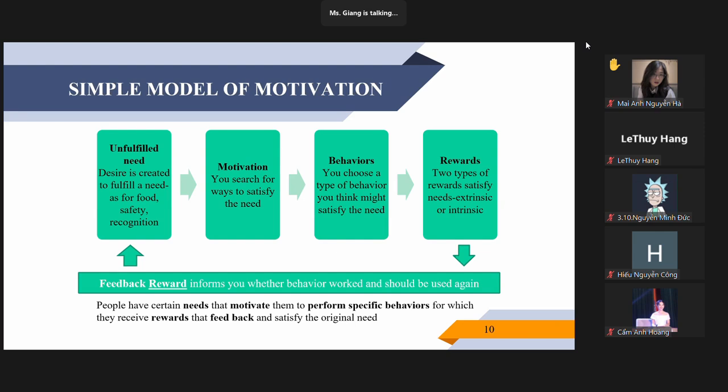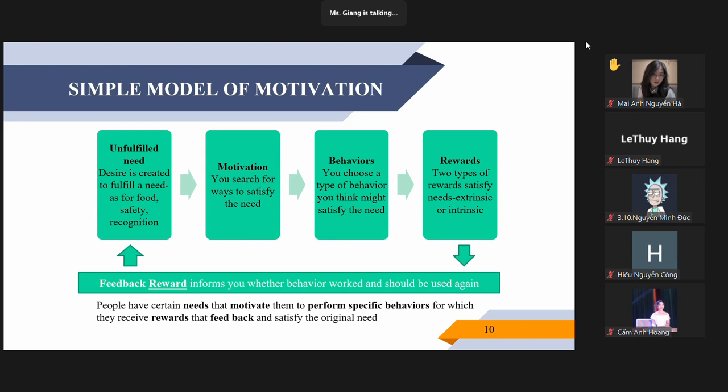And after the behavior, I will be given some reward. We have two kinds of reward, the intrinsic reward and the extrinsic reward. However, I will talk about these two rewards later. During the different steps of motivation, you will see that we will have the feedback.